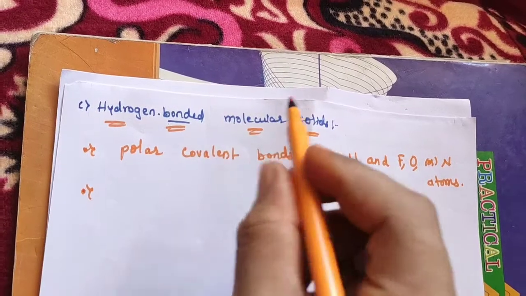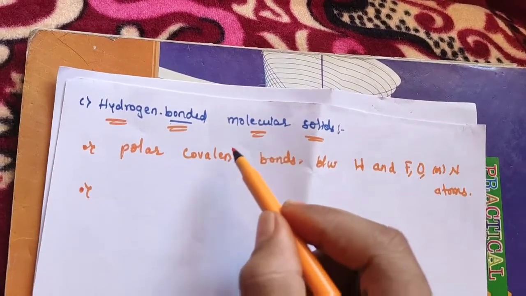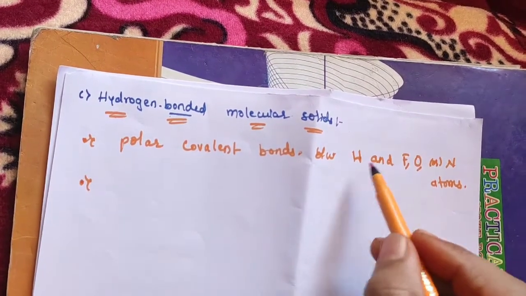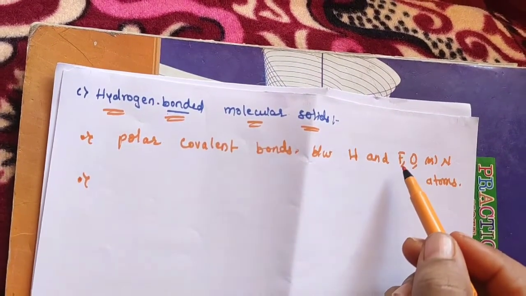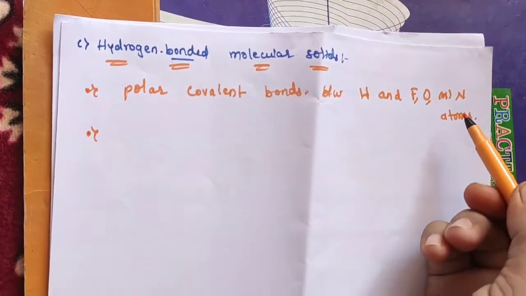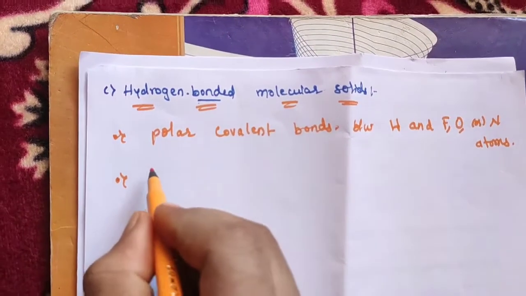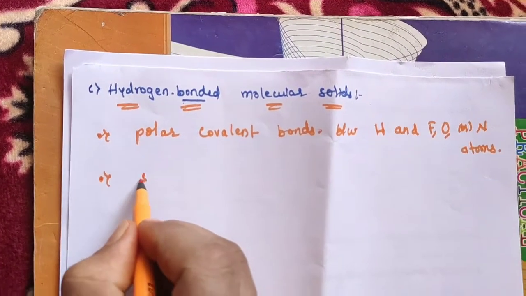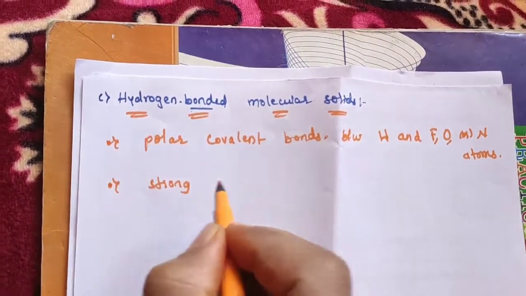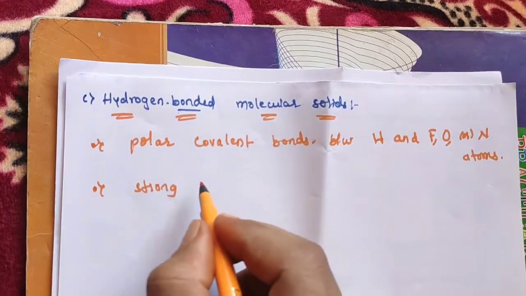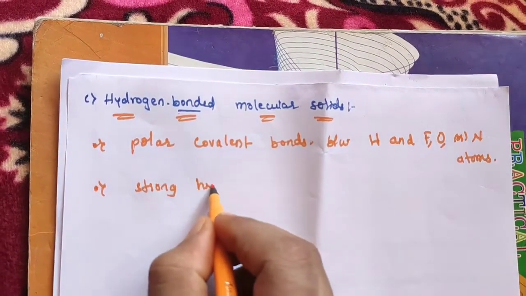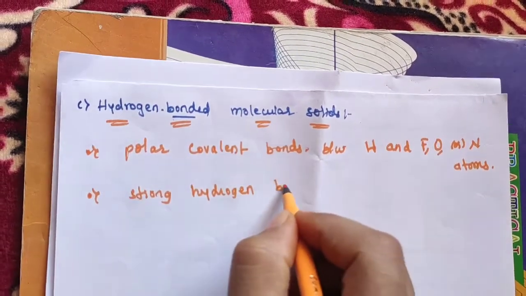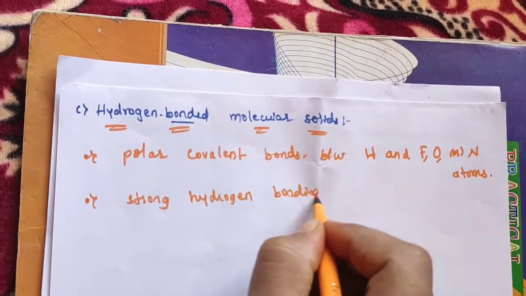Hydrogen bonded means they arise from the polar covalent bonds between hydrogen and the most electronegative elements like fluorine, oxygen or nitrogen atoms. Second point, these have strong hydrogen bonding.